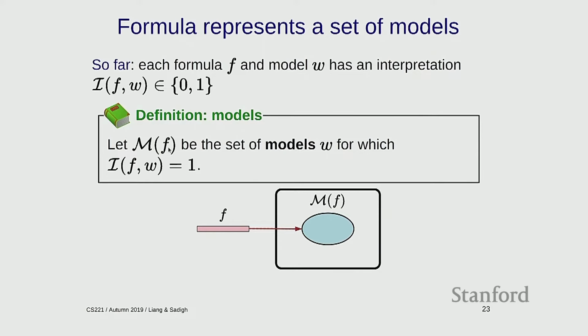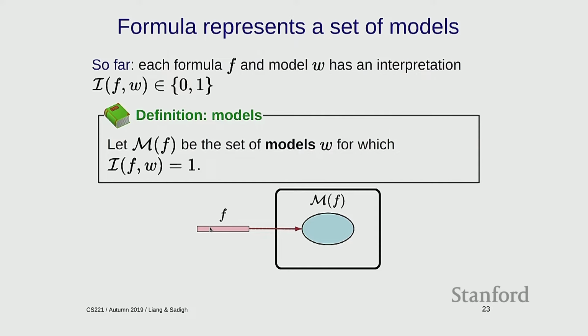So M of F is the set of models on which F is true. Pictorially, this is an F that you say out loud. And what you mean by this is simply this subset of models in which F is true.